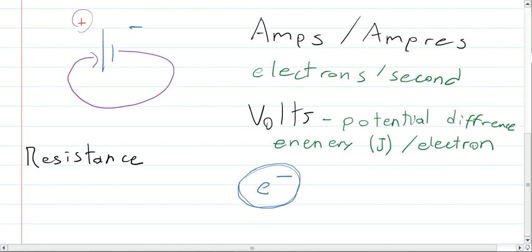The resistance, I think it's pretty self-explanatory. It restricts the flow of electricity.